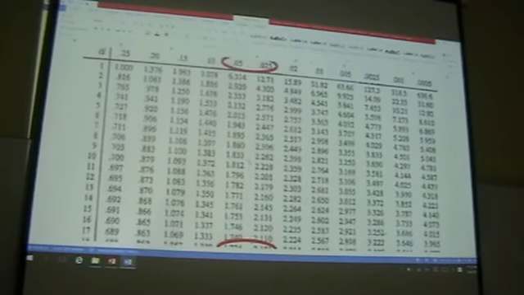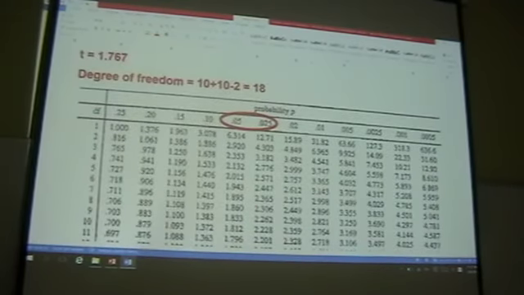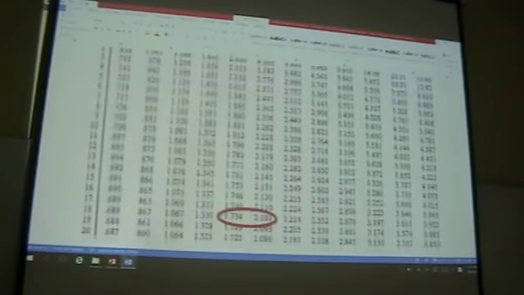This corresponds to a p-value between 0.05 and 0.025. Is it greater than or equal to 0.05? No. So should you or should you not reject H0? Reject H0 in favor of HA. Okay?